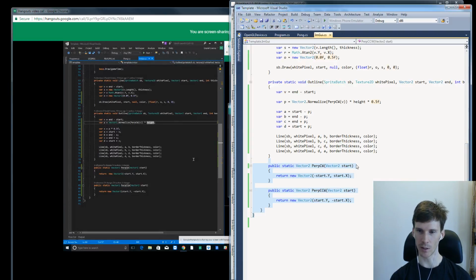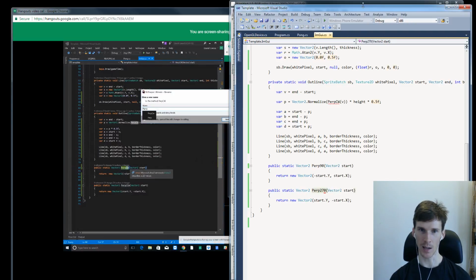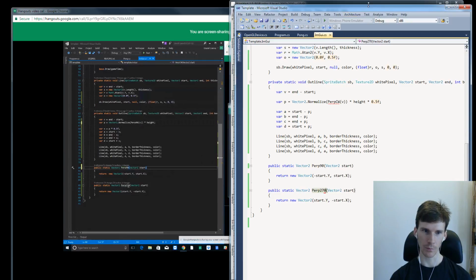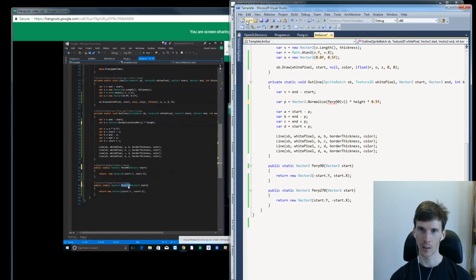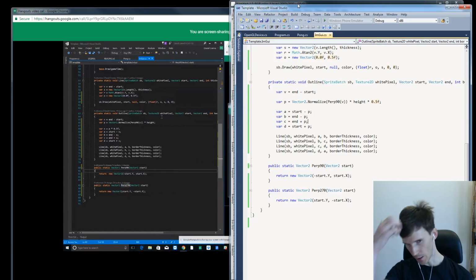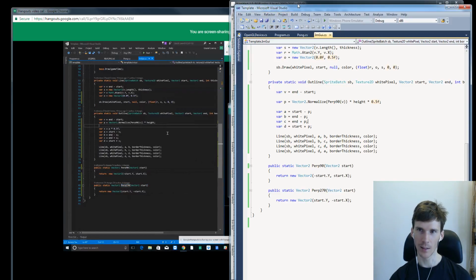So what you generally want to do is call one of them perp 90 and one of them perp 270, because in that case it's always going to be correct.